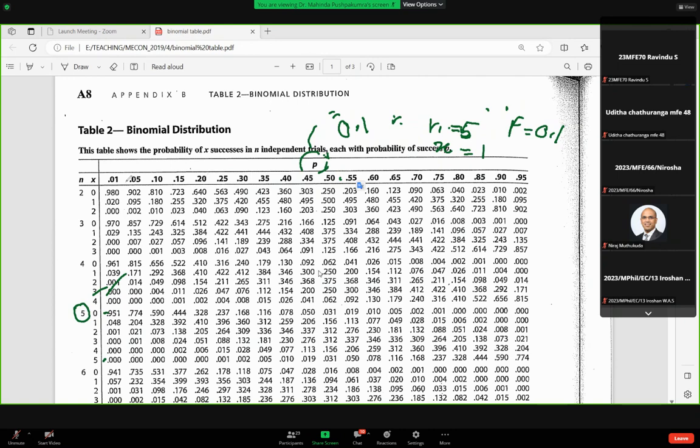Then you can find the probability from here, 0.1. These are the probabilities.